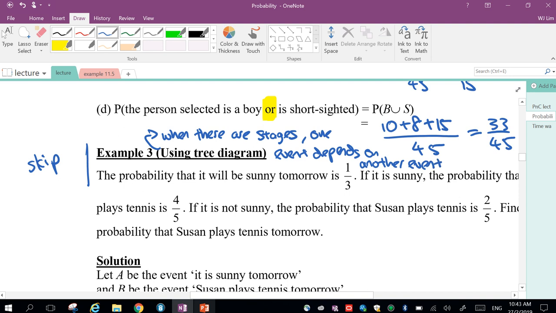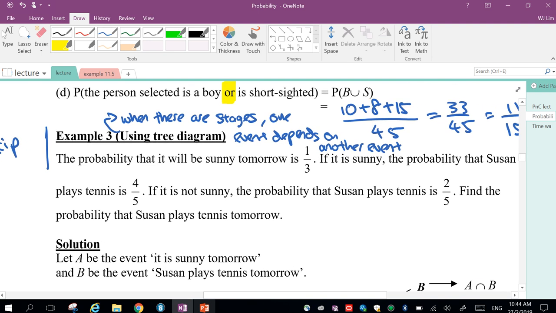So when there are stages, when there is a sequence, and when one event depends on another event, this is when you use the tree diagram. So let's take a look at the example. It will be much clearer for you.